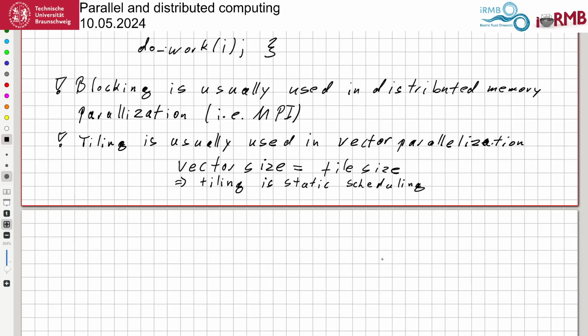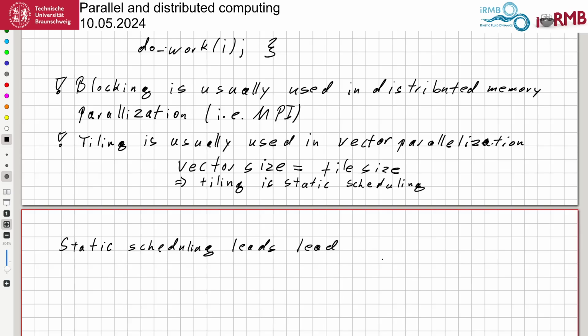Okay, so all of this was in the part of static scheduling. Static scheduling often leads to poor, it can also lead to good, depending on the example, but often leads to poor load balancing.